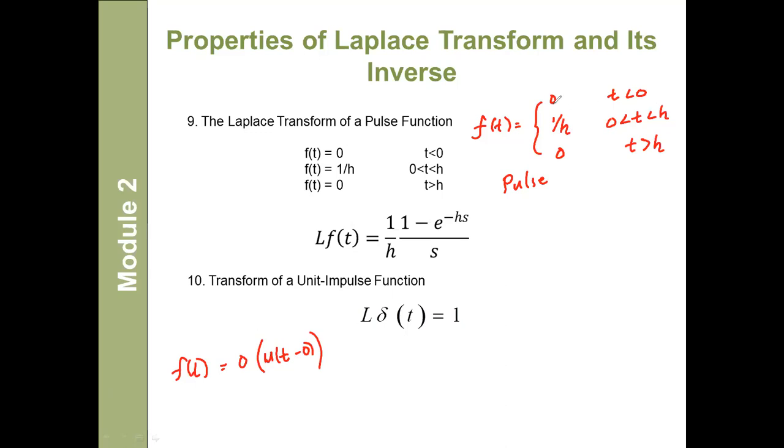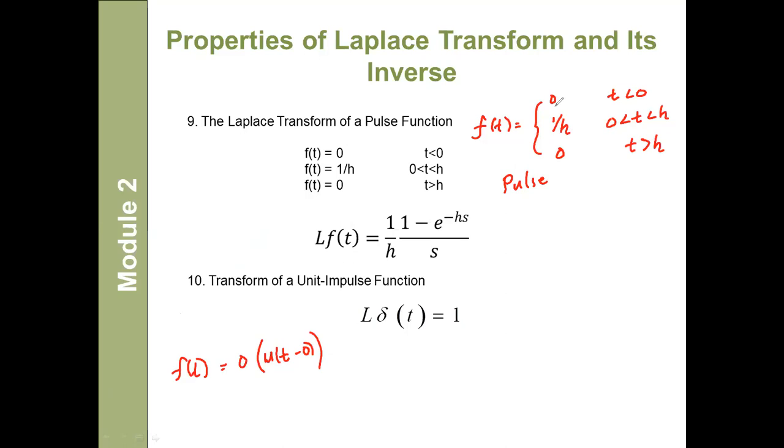Let's say this one is not 0, for example this is 10. So this would be 10 times u of t minus 1. The function value depends on what is written here. If this is 0, you write 0 here. If this is t, you write t here. If this is t plus 1, you write t plus 1.